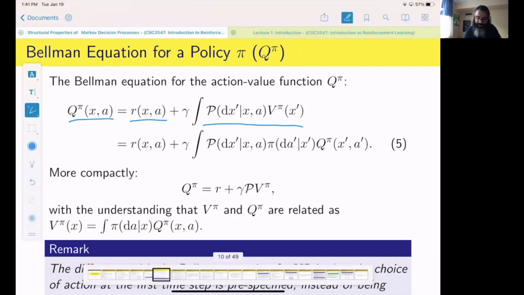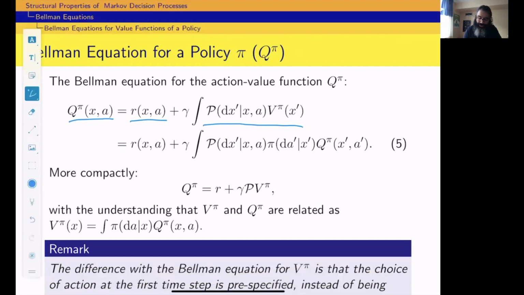This is the expected reward at the next time step, but the first state and action are already specified by the argument in the Q function. So there is no pi here because they are specified. We go to the next state X prime and then compute the expectation of V of pi at that next state.